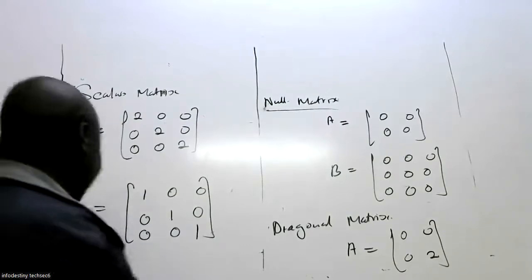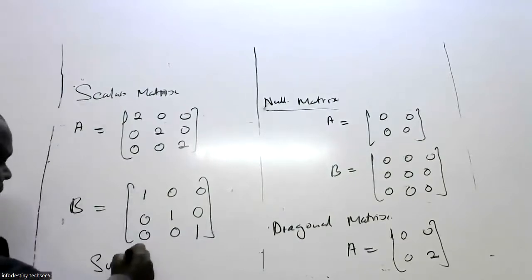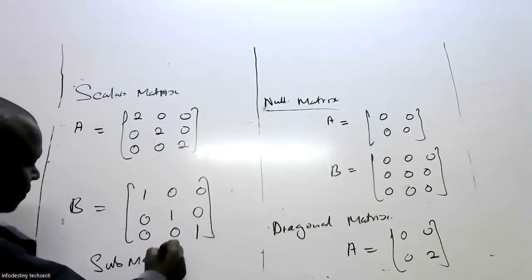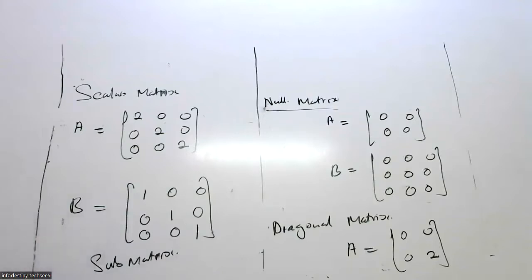A submatrix is a matrix obtained from another larger matrix by deleting or omitting one or more rows and columns.